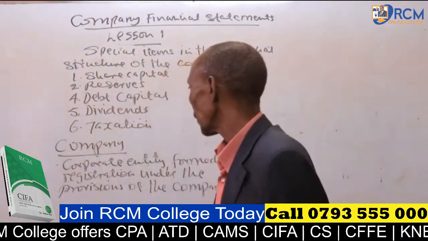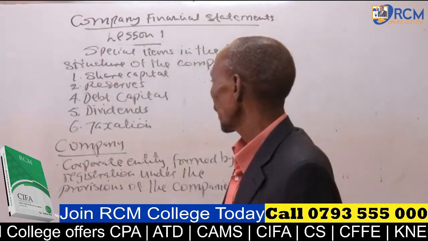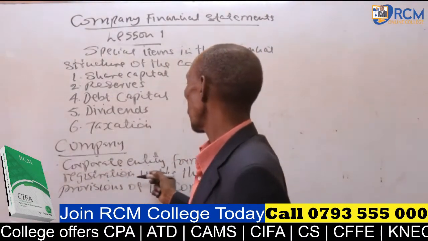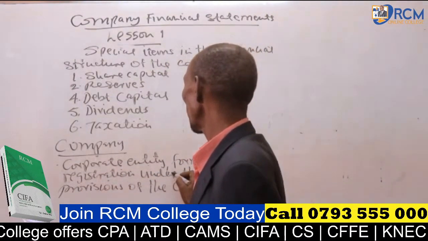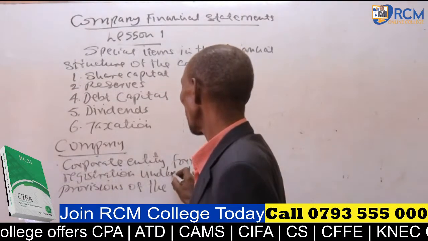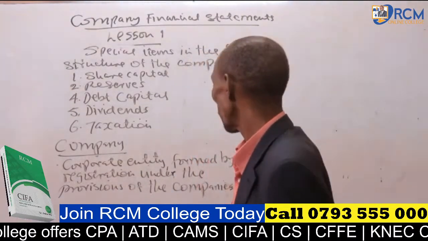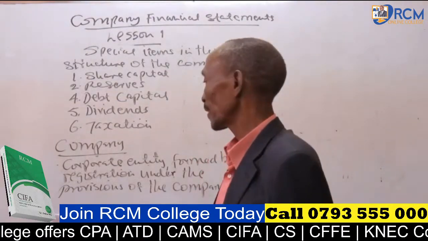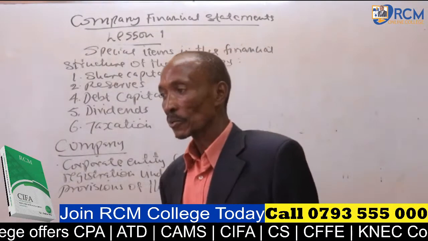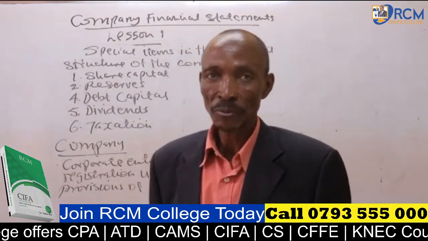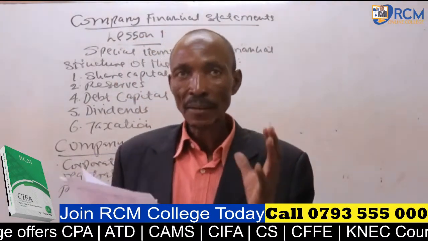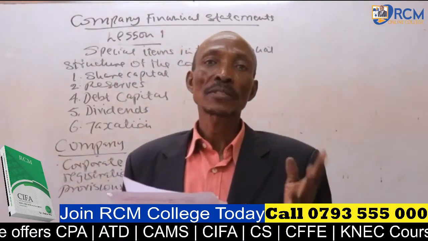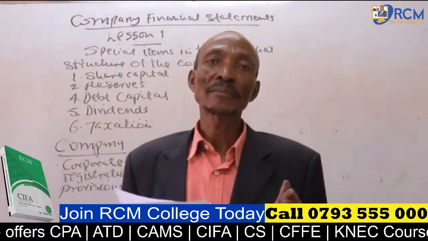First then, let's understand what is a company. We say it's a corporate entity formed by registration under the provisions, that's under the rules and requirements of the Companies Act in the Kenyan case. Now, how does a company specifically differ from, say, a partnership or sole trader?